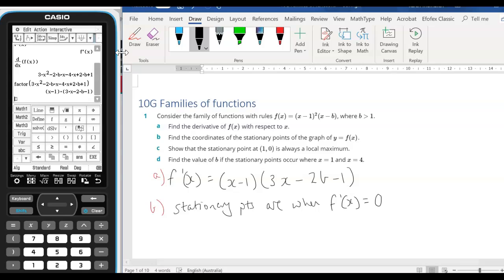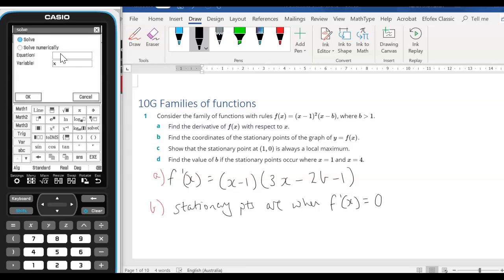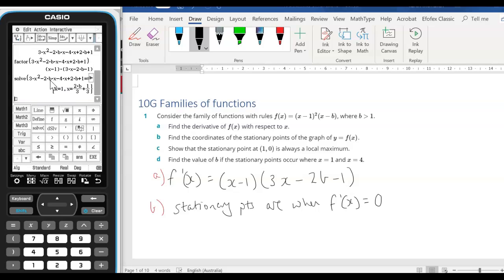So what I can do now, and I could have done it before actually, is go to solve. There it is. We want that to equal 0, and we're solving for x. I probably didn't need to put it in factorized form.